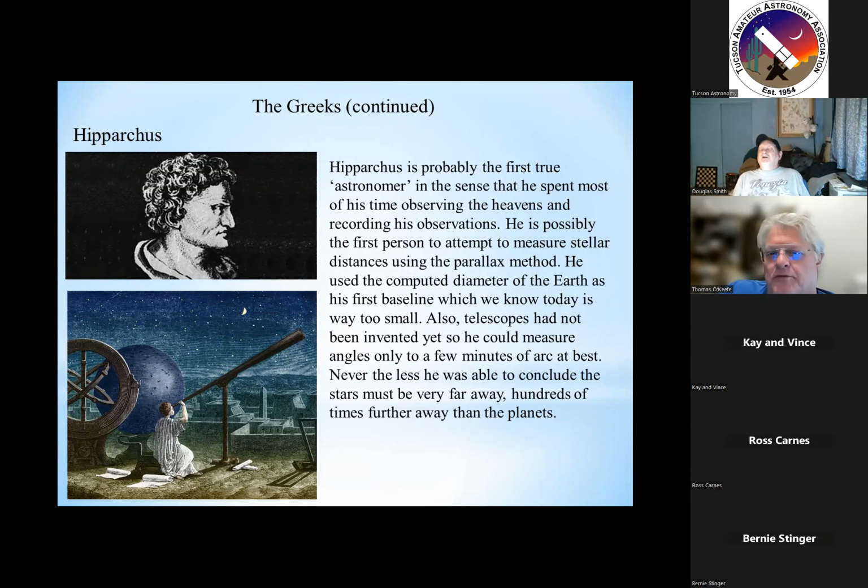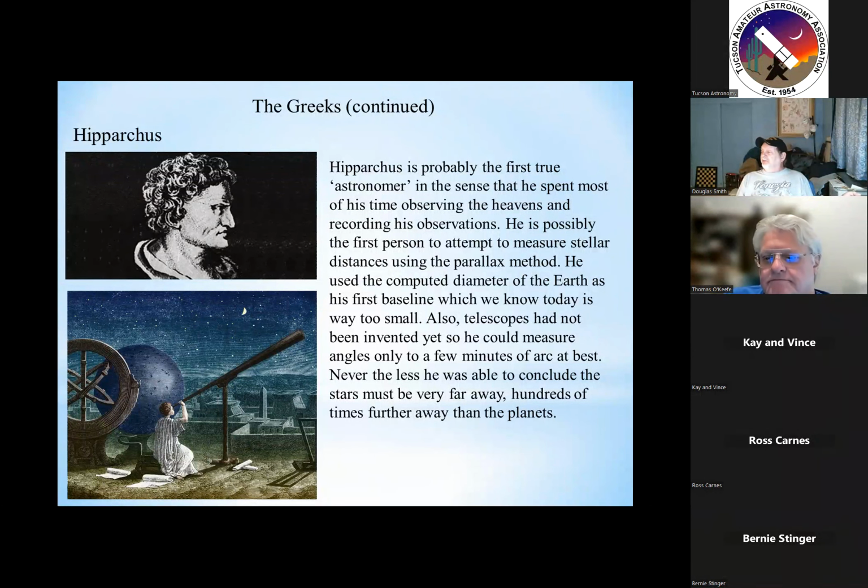So modern days, because the Greeks, while Eratosthenes had been able to compute the diameter of the Earth fairly accurately, no one had computed the orbit of the Earth yet. They did not know. Aristotle had come up with the idea that the Earth went around the sun, but he was laughed at for that.